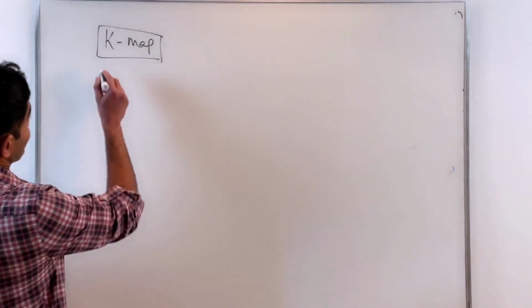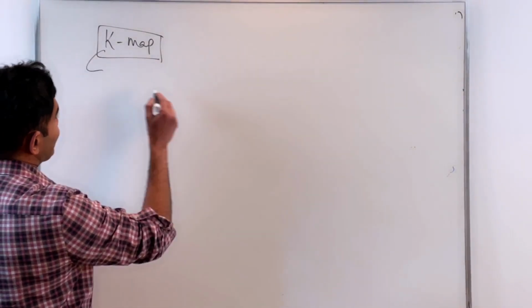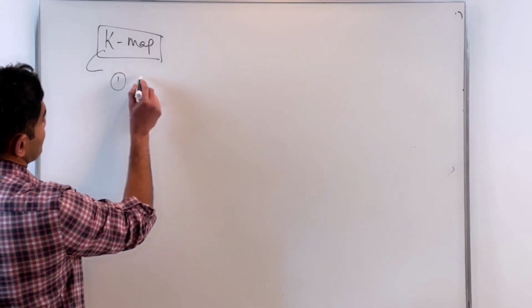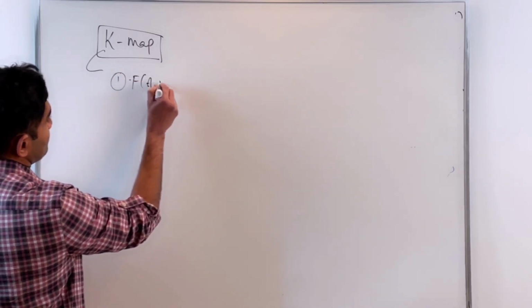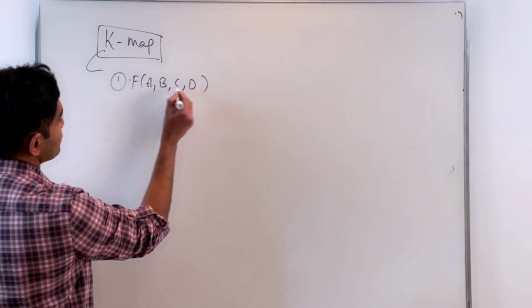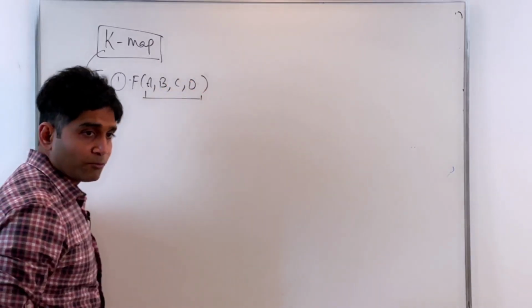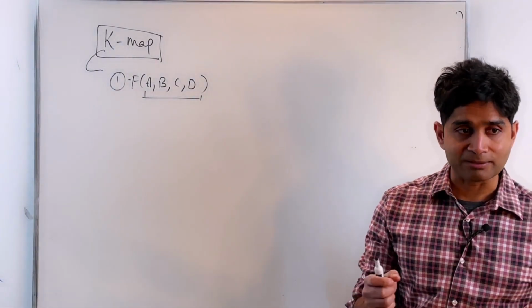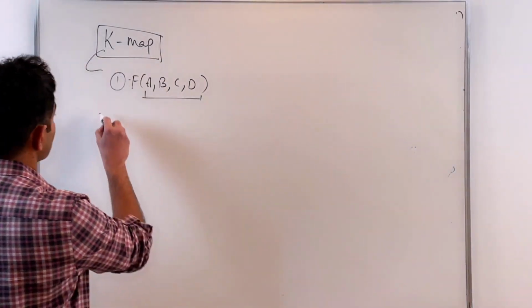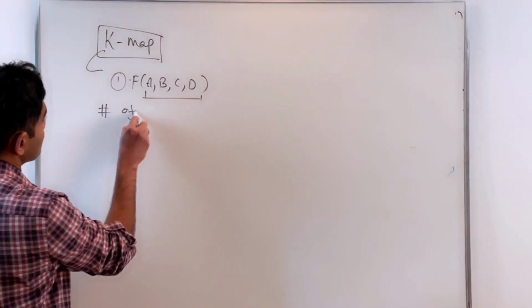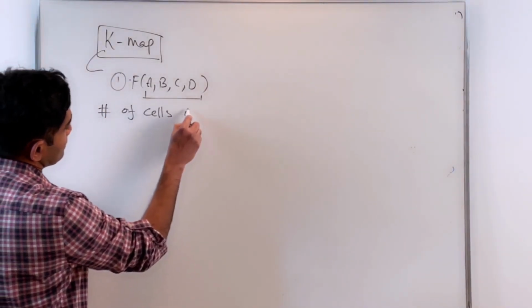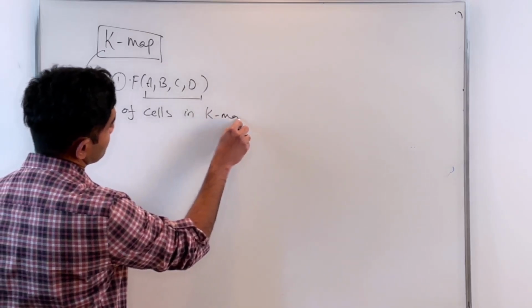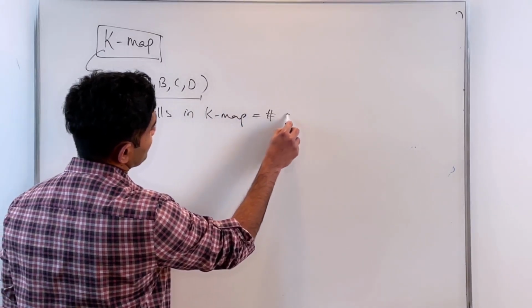So the rules are, basically, you draw the K-map based on the inputs. Let's say f of a, b, c, d is my function. That means here I have a 4-input function. The number of cells in the K-map should be equal to the number of minterms.